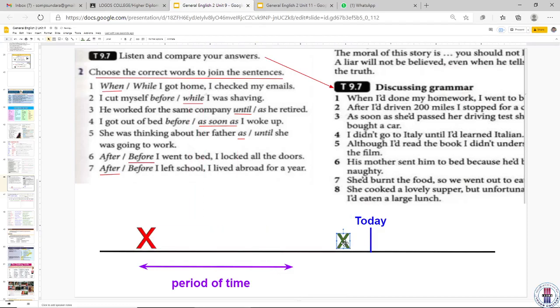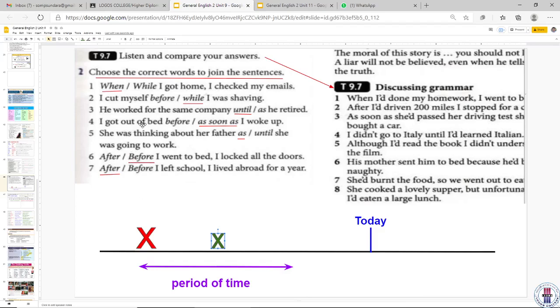But it can't be here because you're already done shaving. You're finished already. Right? So this is when you're shaving, you start, shave, shave, shave, stop. Because it says, I cut myself while, this action, you cut yourself, has to happen between here and here. It can't be over here. So let's say it happens here. That's okay. I cut myself while I was shaving. Right.